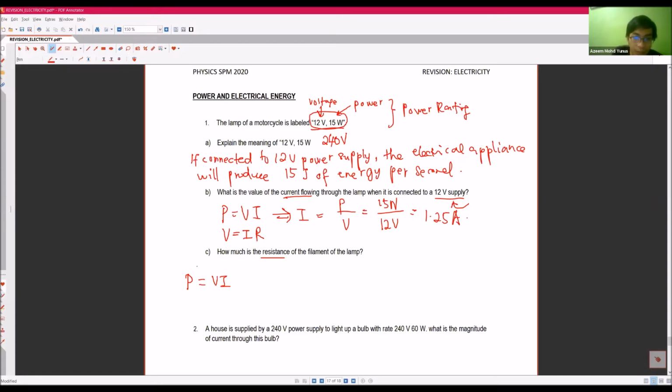P equals IR times I, so I times I is I squared R. Or if I replace I with V over R, it becomes V squared over R. These two equations both calculate power in terms of resistance.